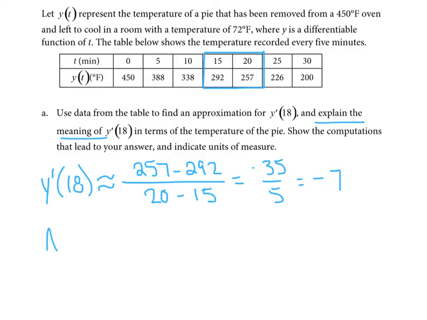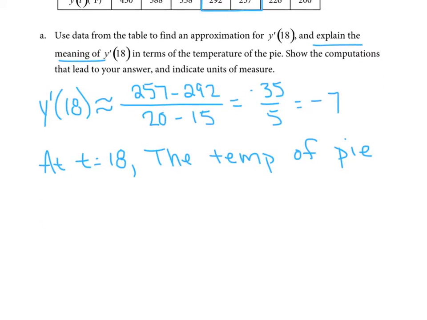We'll say at t equals 18, the temperature of the pie, would you say it's increasing or decreasing? Hopefully you are saying decreasing.